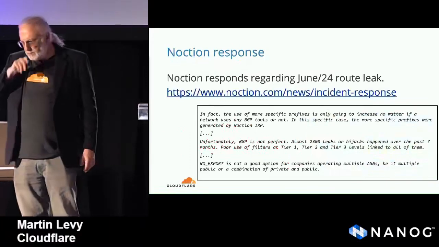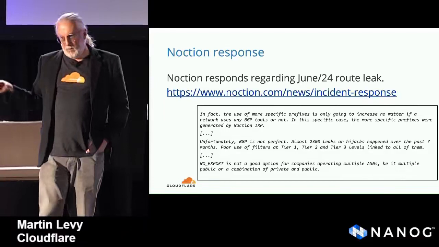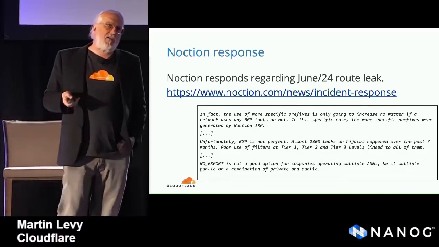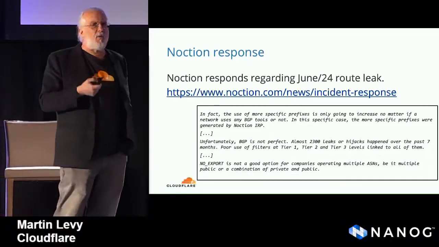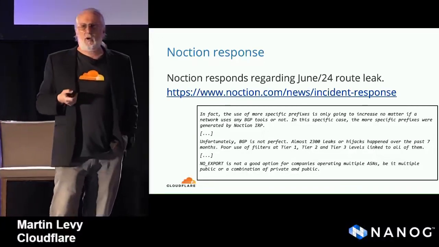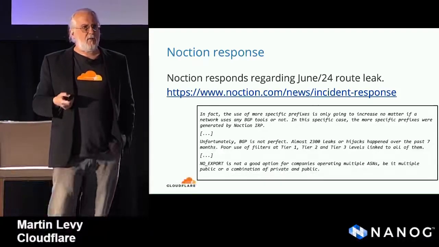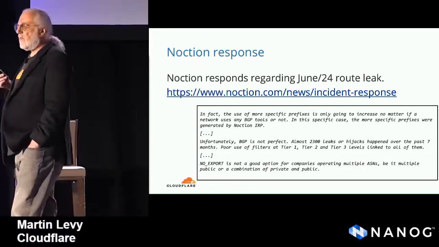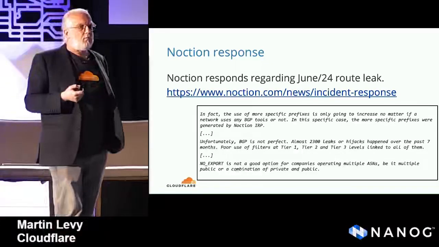Now, they responded with that language. And part of this response is correct. So I want to make sure that I explain at this point in the story what is going on. Routes have been created by a route optimizer. Routes have exited the particular network that the route optimizer is on.